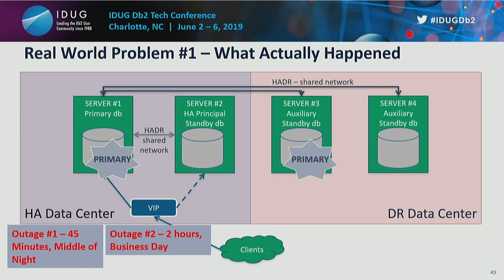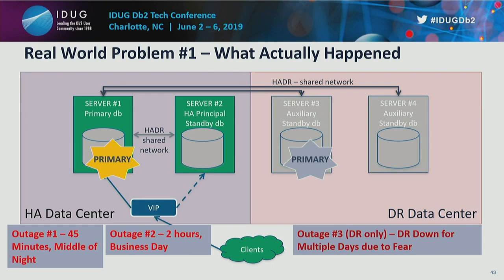So this was outage number 2. It was a couple hours during the business day while I figured out, at the time I had no idea what was going on or why. So at that point, we were able to bring the force a primary back to where it needed to be. But the client was panicked. They're like, if we bring DR up, prod's going down, right?